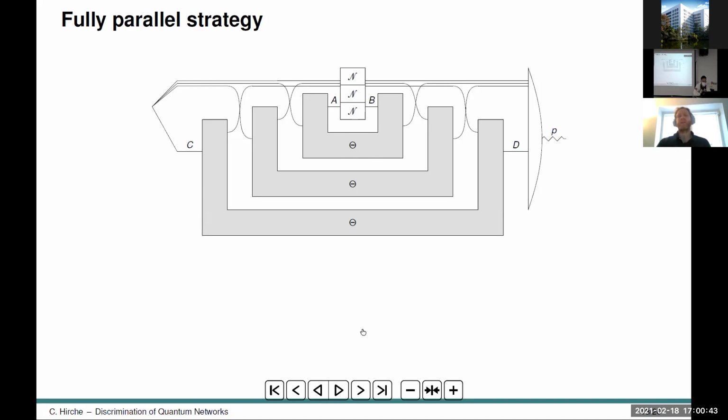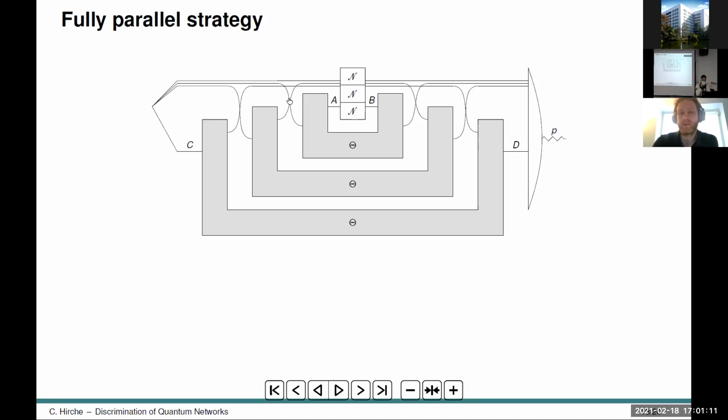And now you can see that this gives rise to a different adaptive strategy. But it's not one where we put one channel behind the other channel, but we put them all within each other. And every time the lines cross, this is where we allow for arbitrary operations that we can adaptively choose.